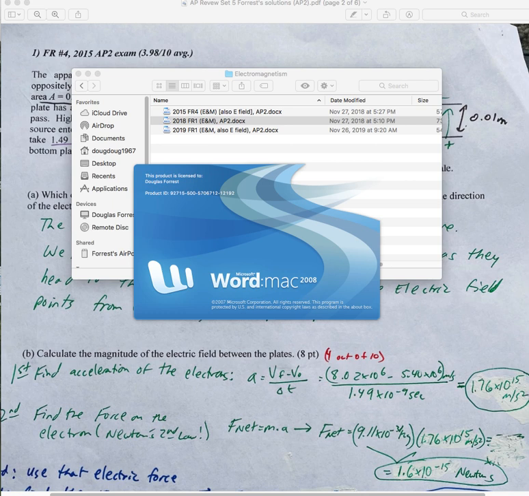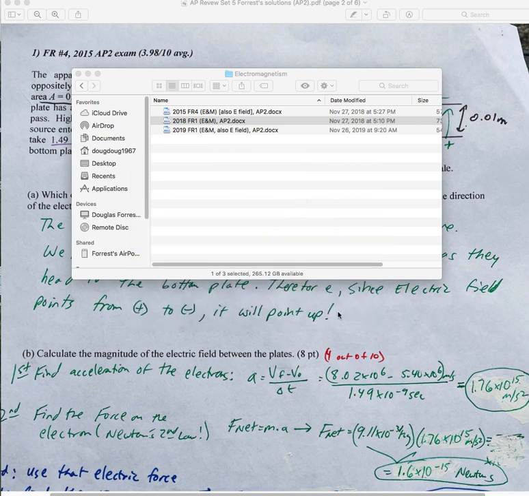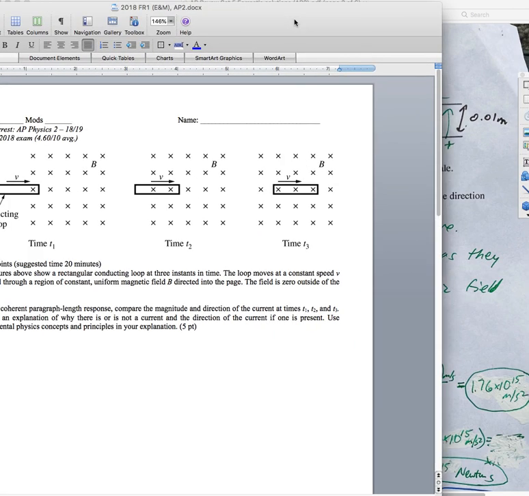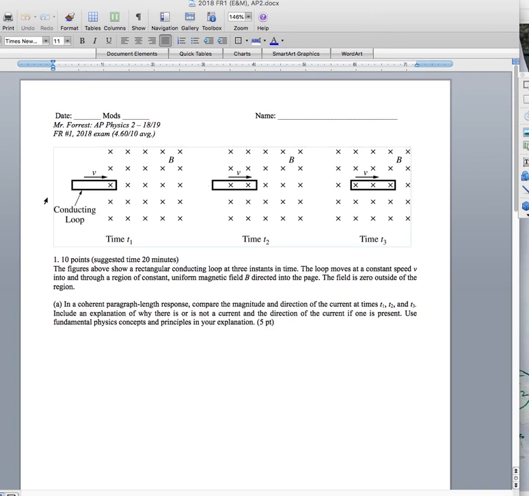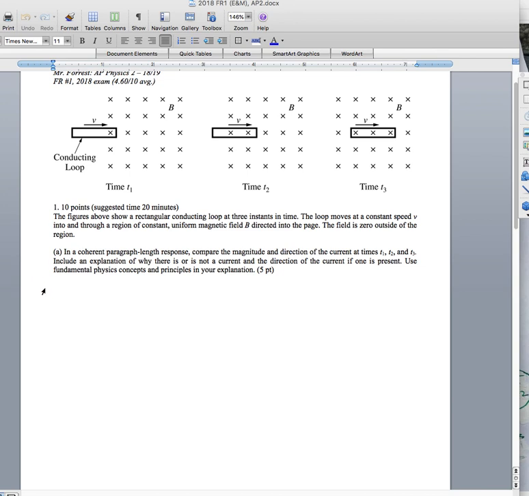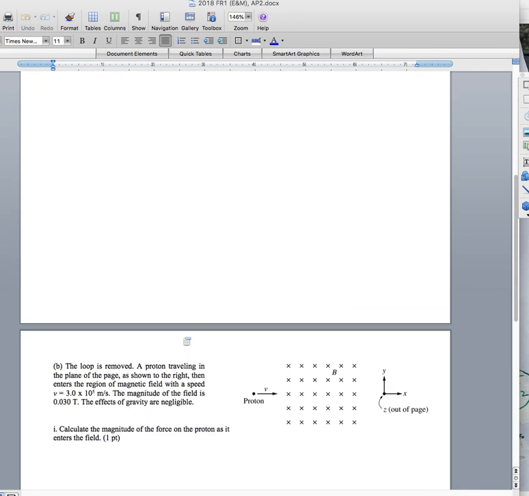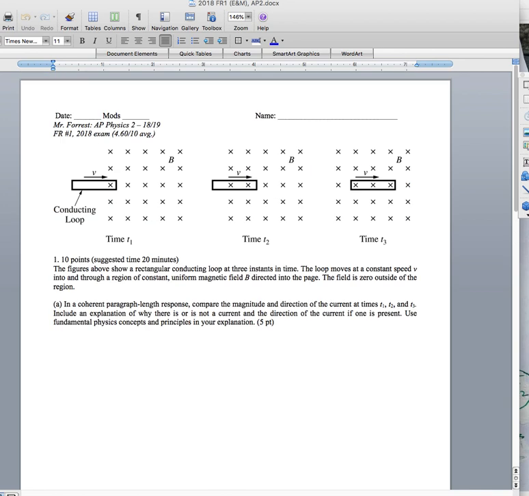So just trying to look at this kind of quick. This is taking a long time to open because it's an older version of Word. Oh. So this is from the 2018 exam. I like this because it's a paragraph, so I might share that with you again to look at.